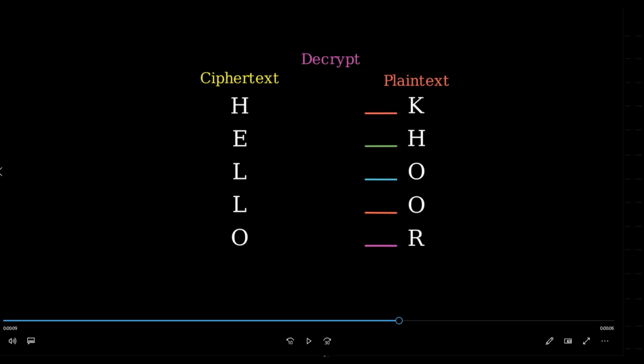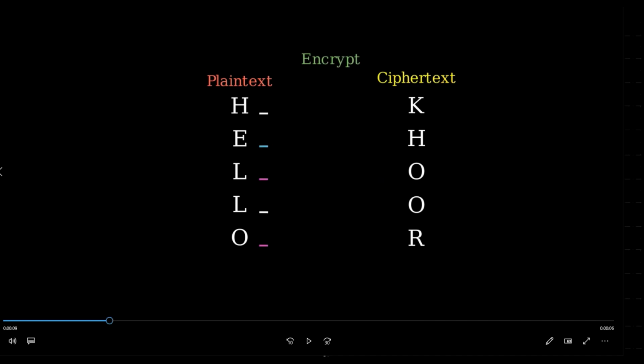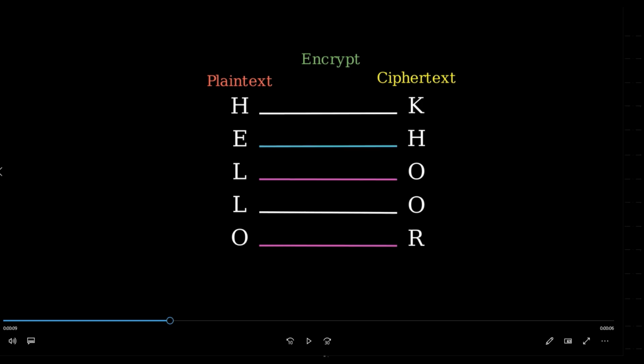And the output becomes HELLO. So basically, if I send a message on a messaging app, the word HELLO will go as KHOOR. So anyone in the middle won't be able to guess it directly.